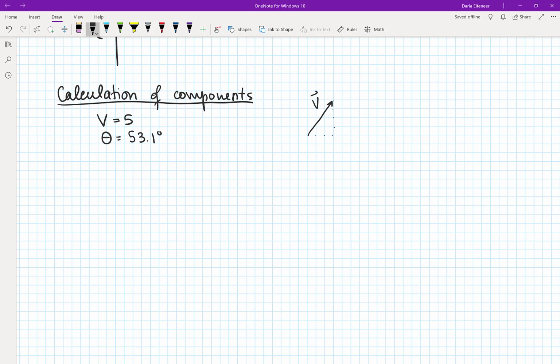So this time, I would give you magnitude and direction, and I would tell you where that vector is, something like 53.1 degrees above the positive x-axis, and I could ask you for components.